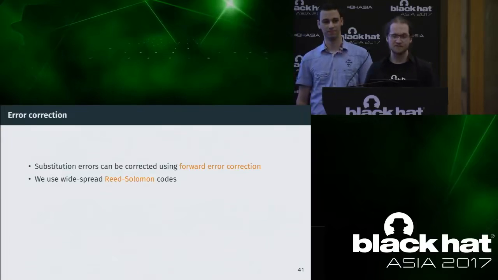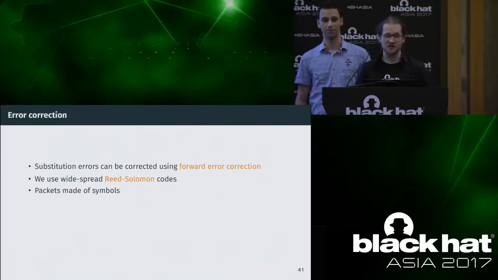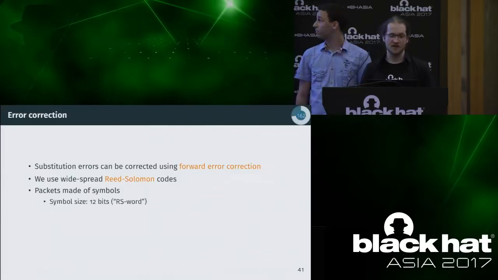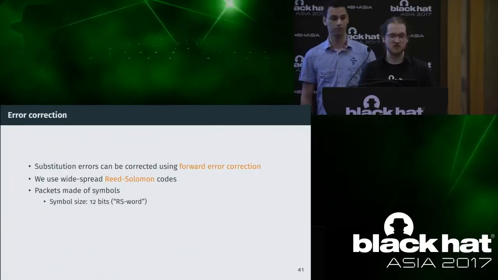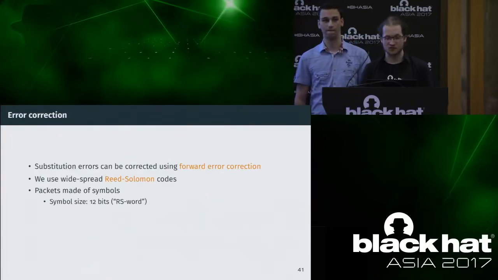So when we talk about Reed-Solomon codes, we have to know that packets are made of symbols. And the symbol size is for us pretty natural, because we have 12 bits as physical words, as you remember. So we chose our RS symbol size to be 12 bits, which is then an RS word, or Reed-Solomon word.